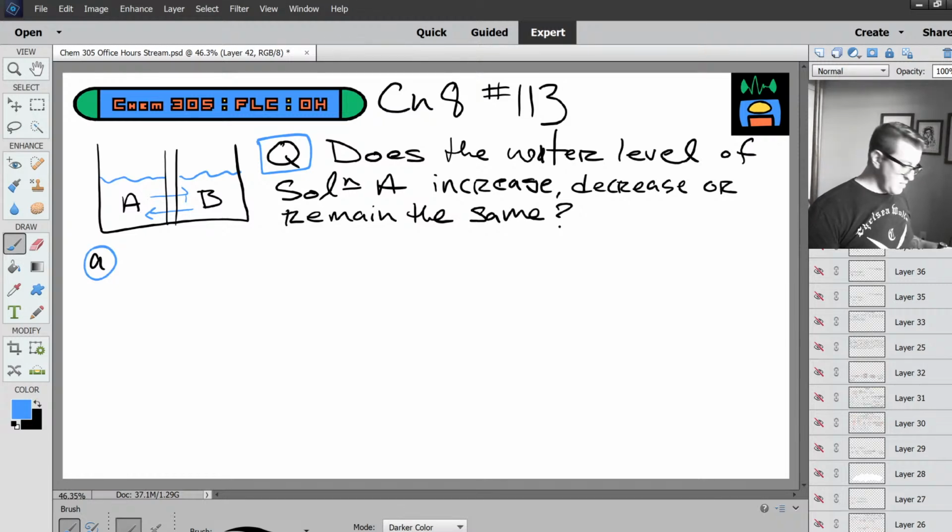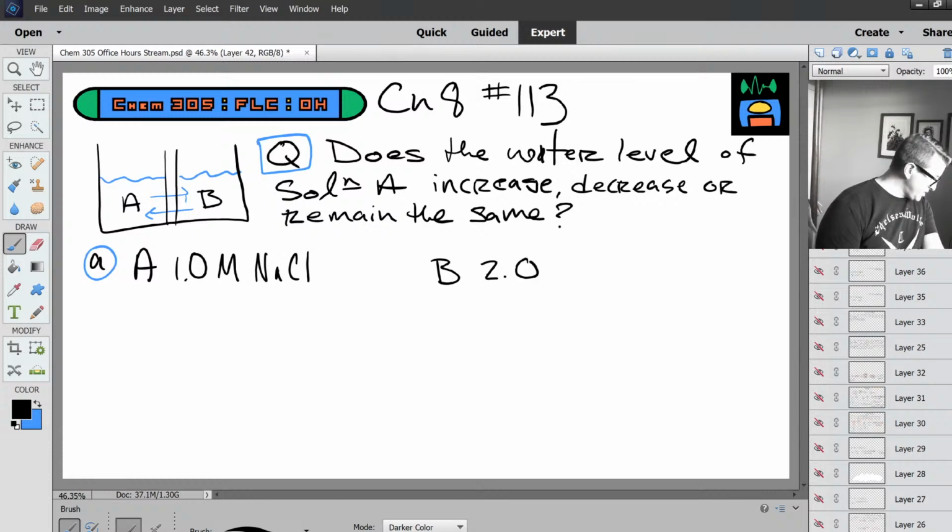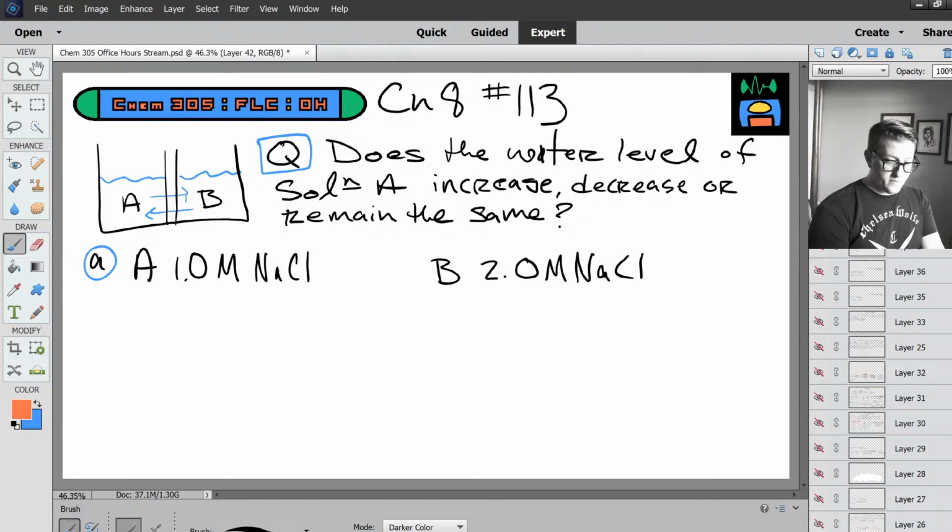So, solution A has a concentration of 1.0 molar sodium chloride, and solution B has a concentration of 2.0 molar sodium chloride. All right. The value for i for each of these is 2.